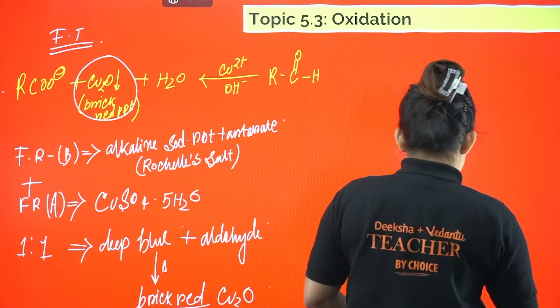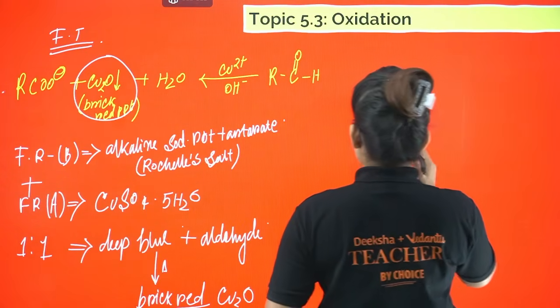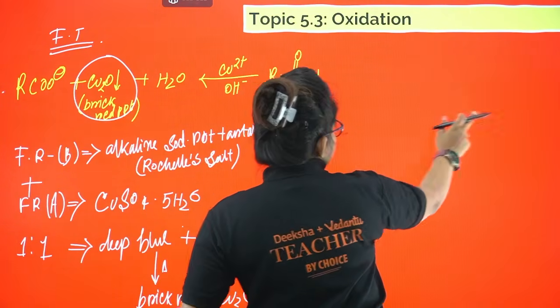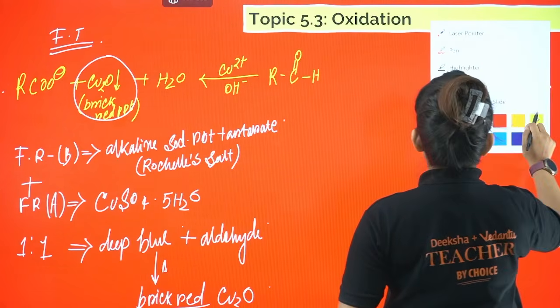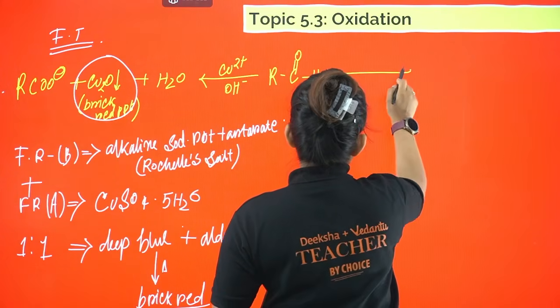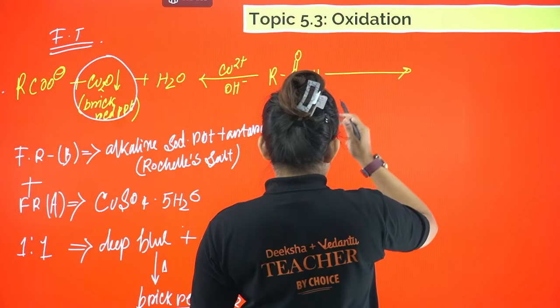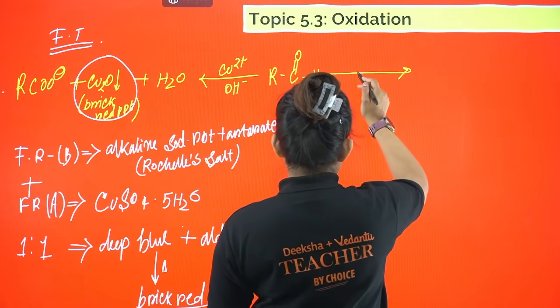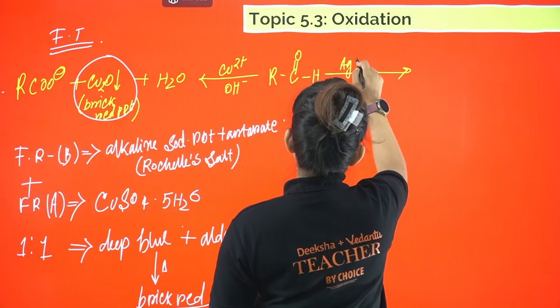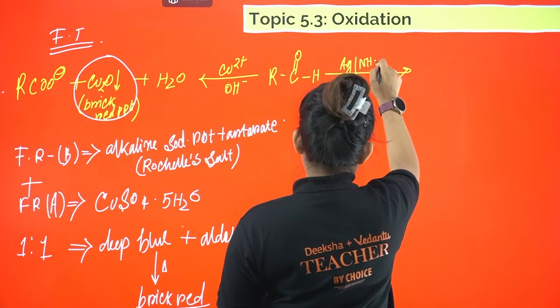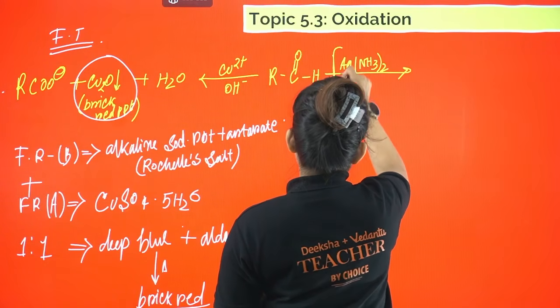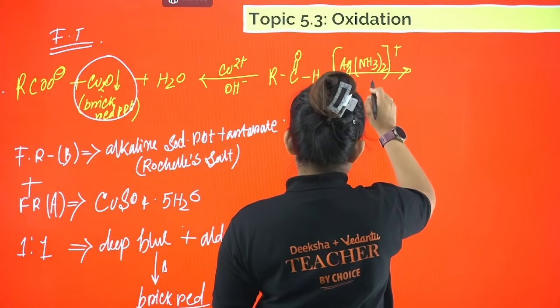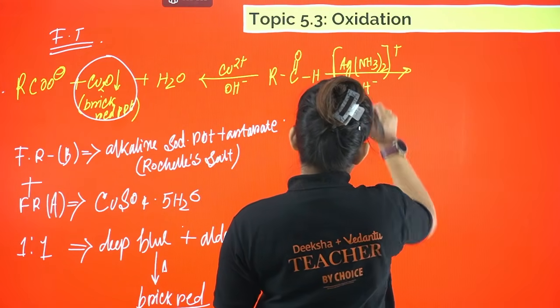Now let's proceed further with the Tollens test. So this is basically ammoniacal silver nitrate. It forms a complex, that is Ag(NH3)2 plus, the overall charge comes positive, in the ammoniacal medium.